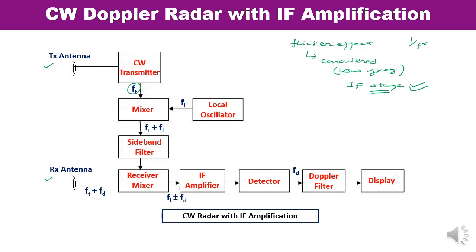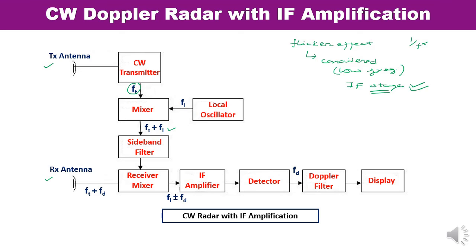So at the output of this mixer we get FT plus FL, and it also receives the Doppler shifted signal. The received signal will have the Doppler shifted component, producing an output difference frequency from the transmitted one, and the output of the mixer is amplified and demodulated also.